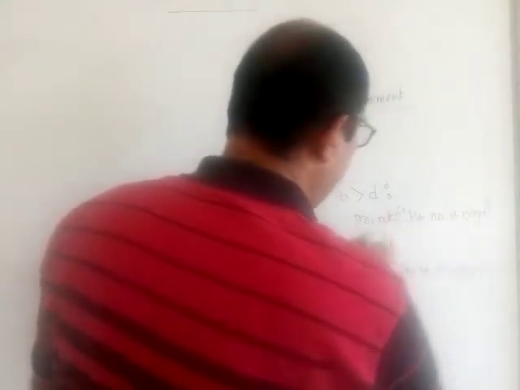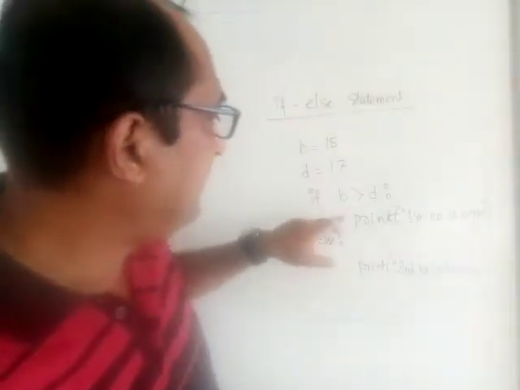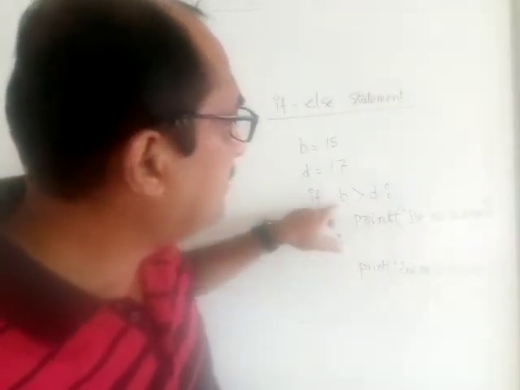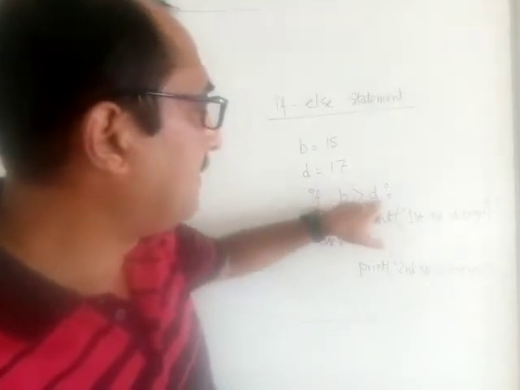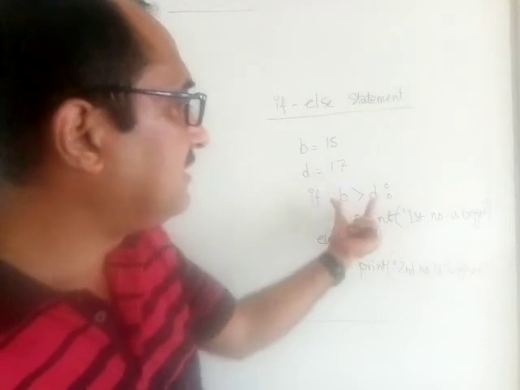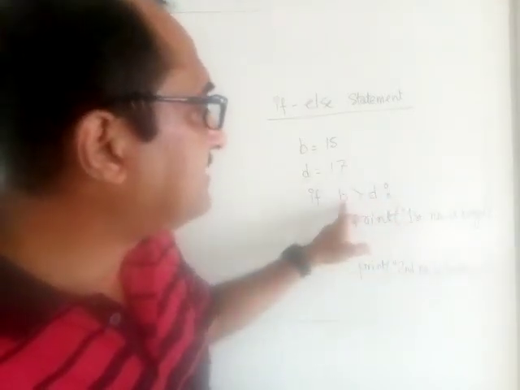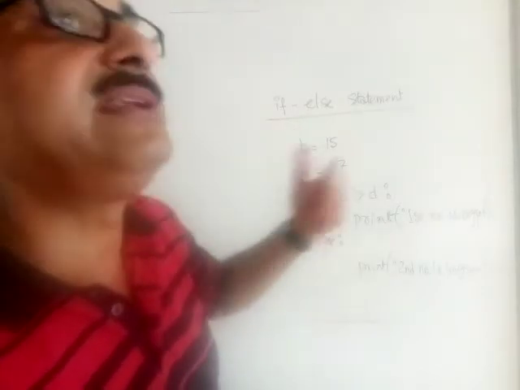What does it mean? Look at this very carefully. This part is called a condition. Why is it called a condition? Because it is going through a kind of test. Here it is being tested whether b is bigger than d or not.